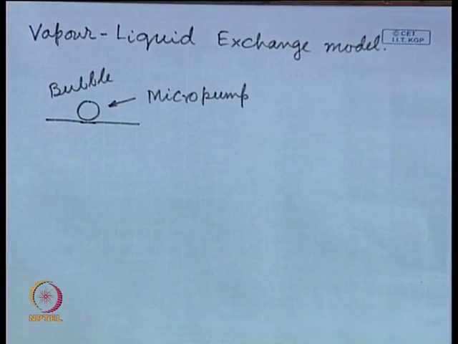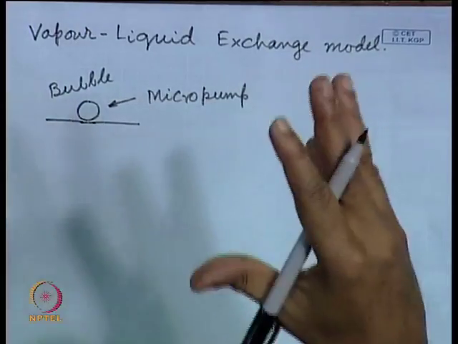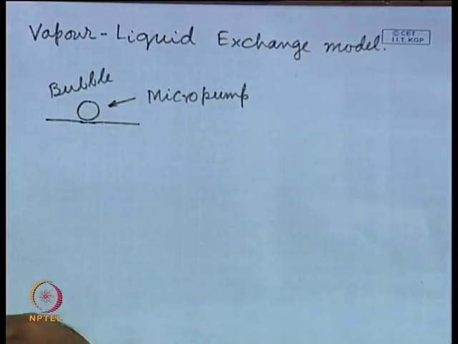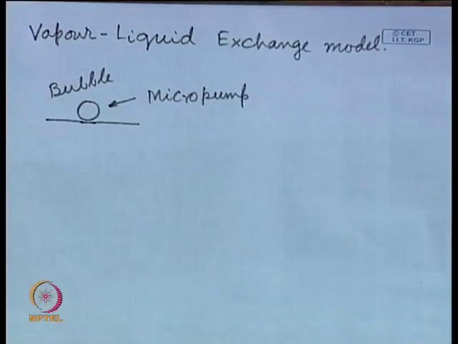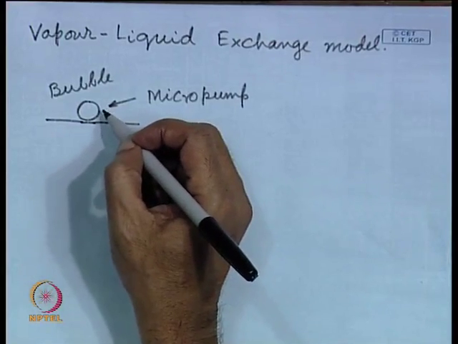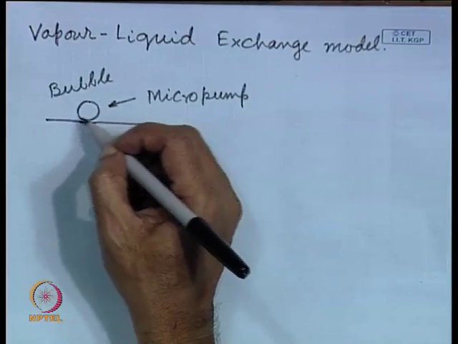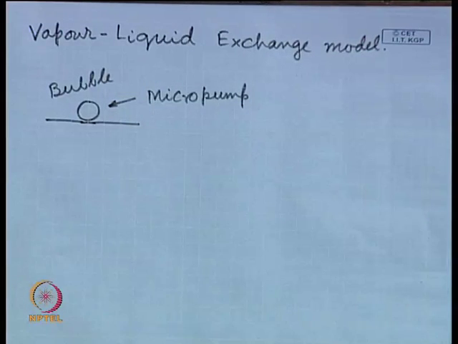So, let us say the bubble somehow collapses, or the bubble leaves this particular surface. If it is leaving this surface, then it is leaving some sort of a void, or if it is collapsing, it is creating some sort of a void.